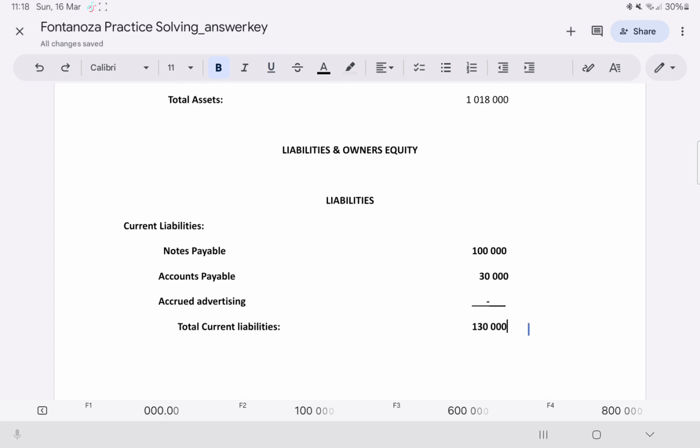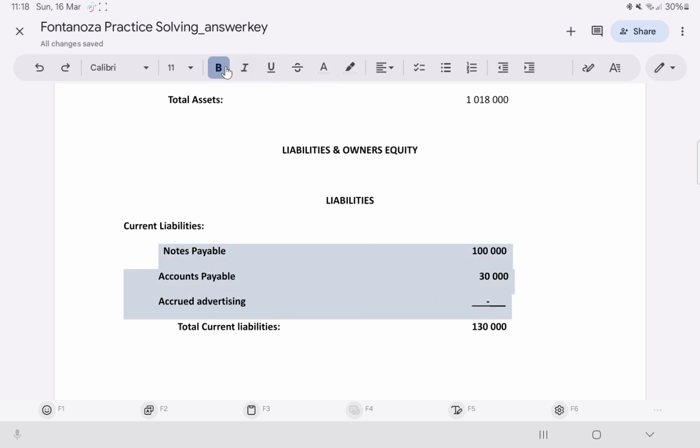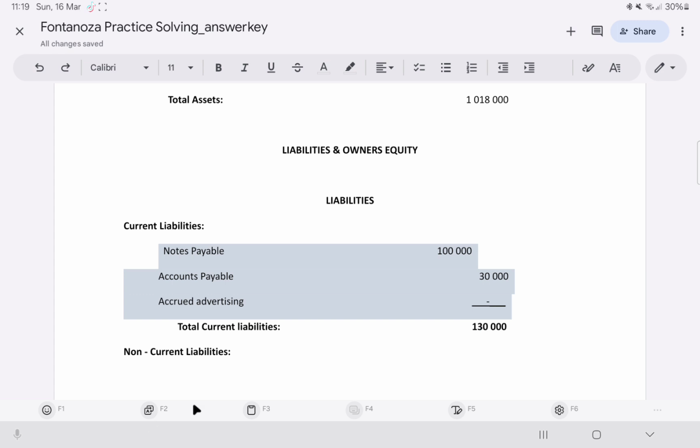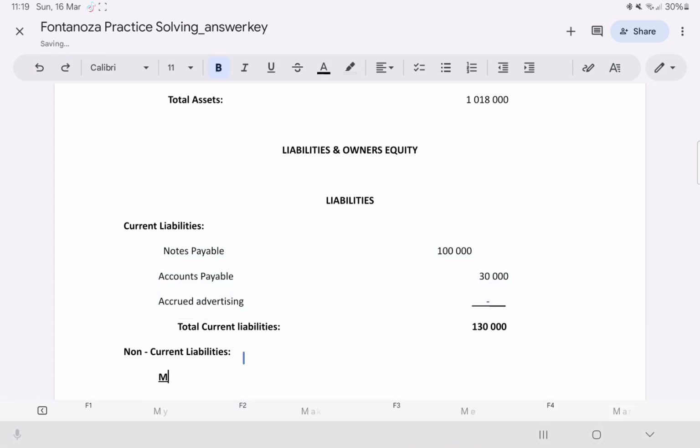If there will be long-term payables, we will write them under non-current liabilities, for example mortgage payable and so on.